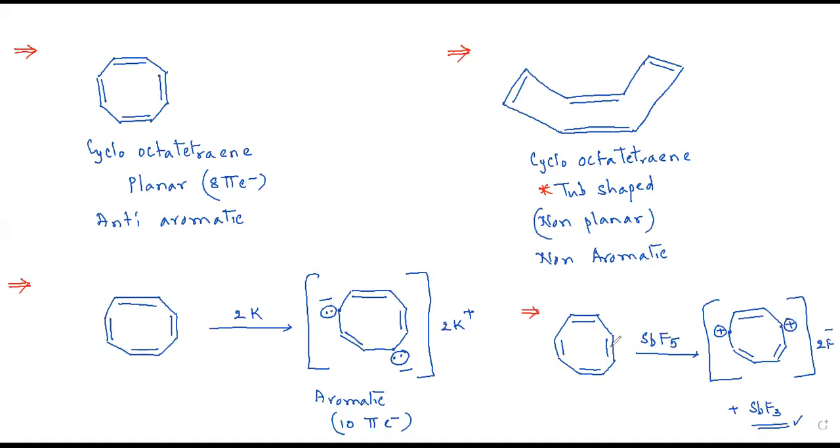But still, even this is aromatic, it has 6 pi electrons. As far as the question is considered, they'll be giving only up to this. This is what you have to imagine. You have to say the answer. Okay.